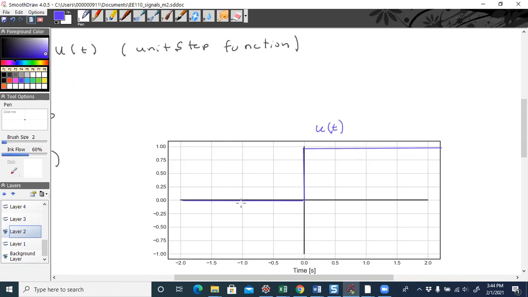So that's UT. Now, yeah, this goes on for infinity, and it's 1 for positive infinity and 0 for negative infinity, right? Now, what you'll find is that step functions are actually things that you can start to approximate on a function generator. You can do that for delta functions too, but you always have to kind of scale things to get the areas right.